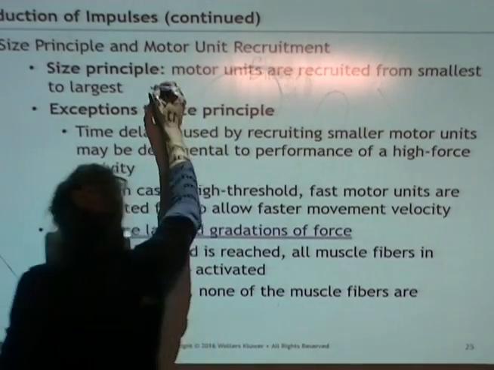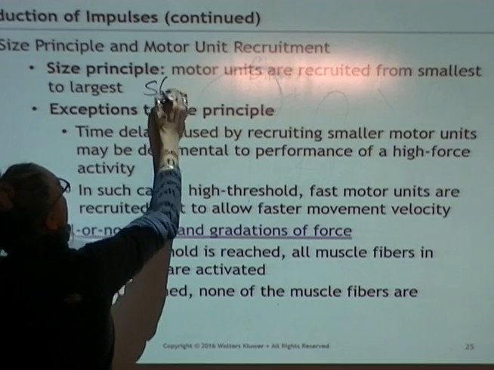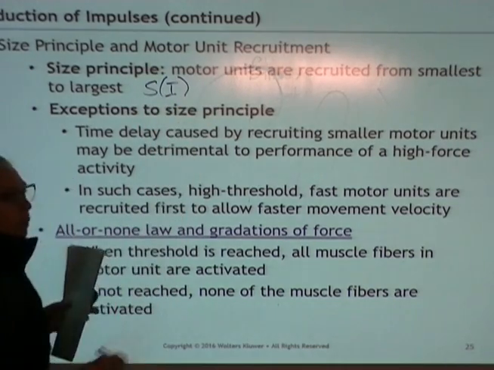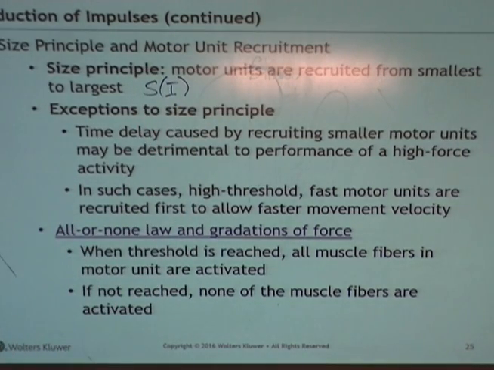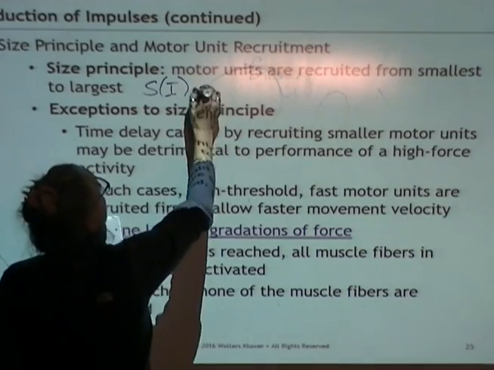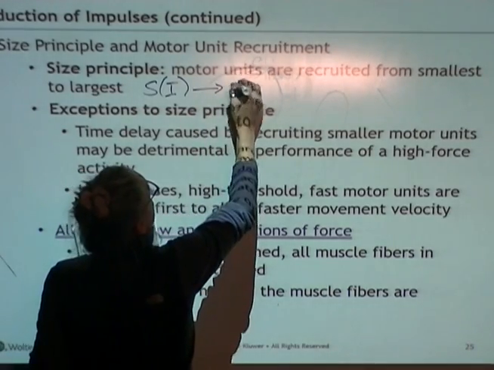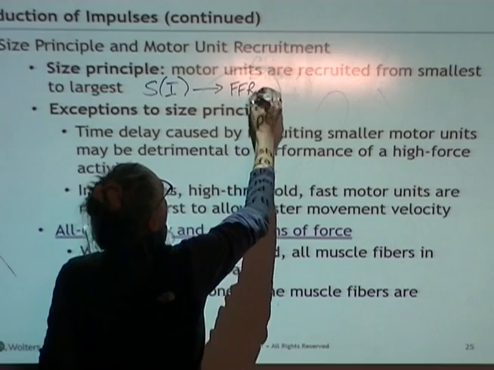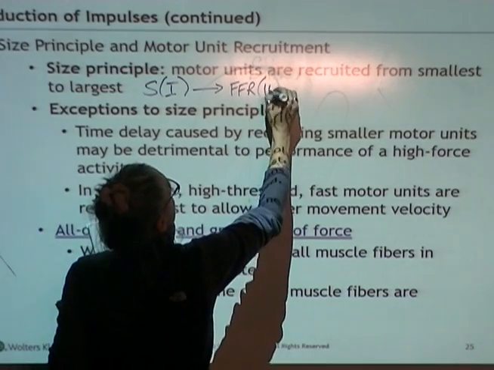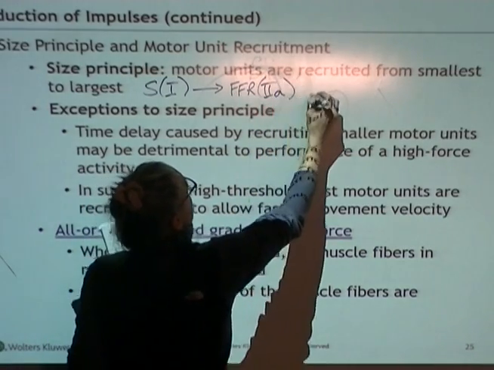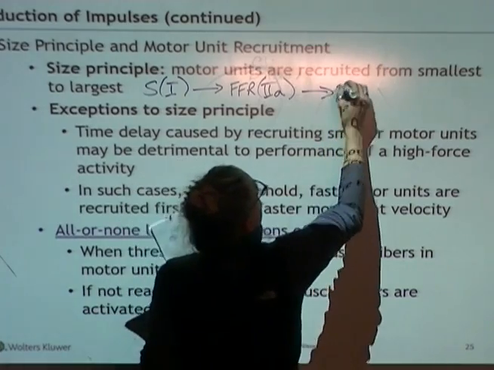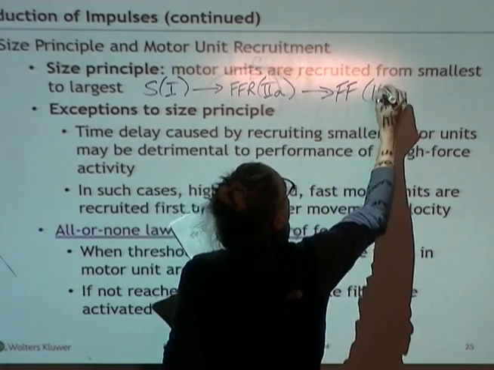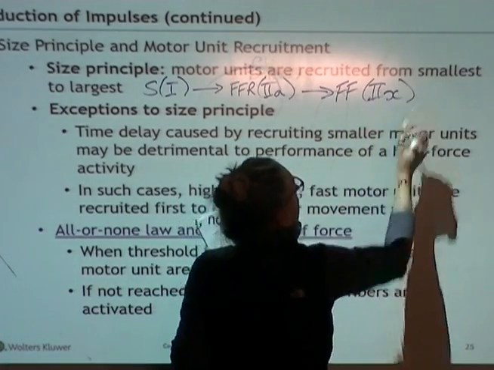So we're going to have slow first. Then we're going to have fast fatigue resistant, type 2A. Then we're going to go fast fatigable, type 2X.